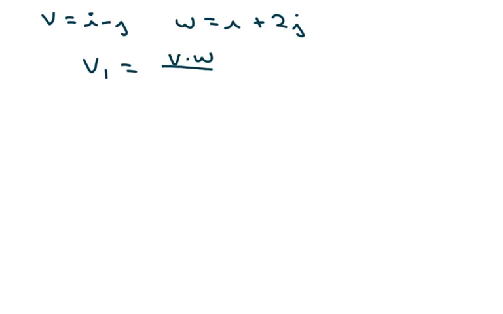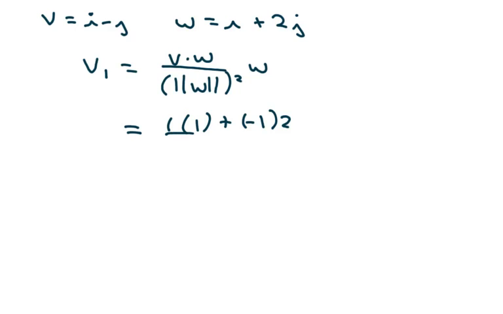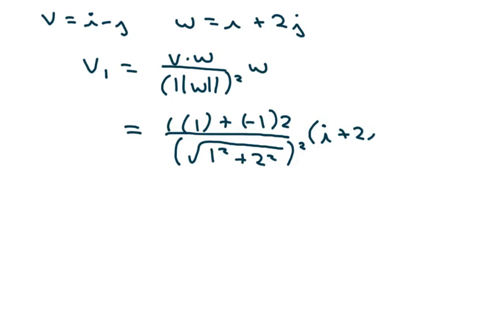Our dot product in the numerator, and then we're going to take the magnitude of W squared times W. So that gives us 1 times 1 plus negative 1 times 2 on the top, and in the denominator we have the square root of 1 squared plus 2 squared, squared, times my W, which is I plus 2J.